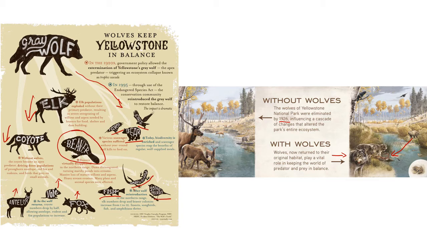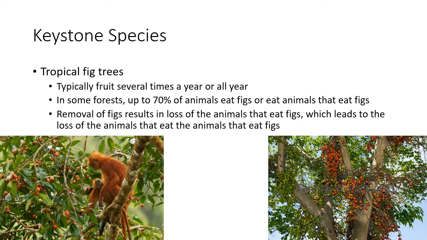All right. So the trickle-down effects from reintroducing wolves: you remove wolves from the ecosystem, the entire thing starts to collapse. And then one plant example is tropical fig trees. These are found in many of the tropical rainforests and tropical dry deciduous forests, tropical dry forests.